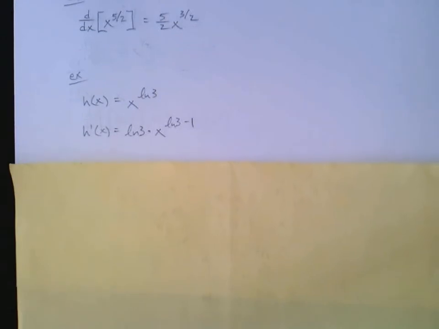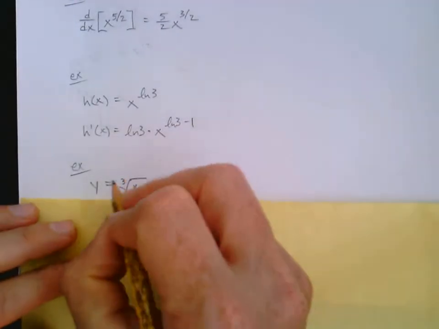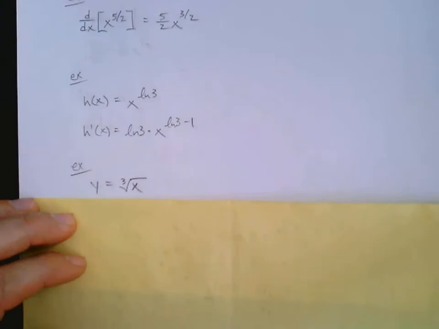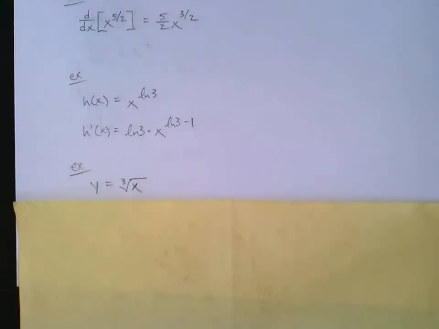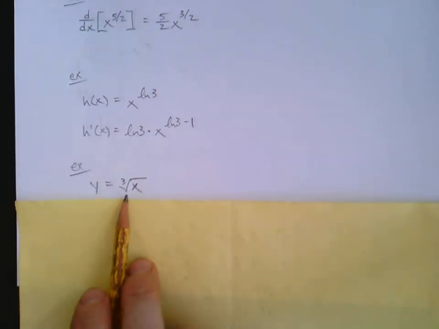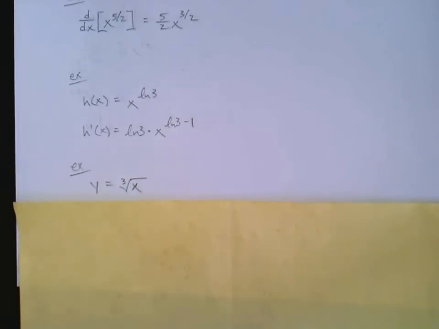Okay, I've got one more. Ooh, this is interesting. How about y equals the cube root of x? Okay, to do this one with the cube root, really any root, we need to think of it as a power. The power rule deals with x raised to a power.